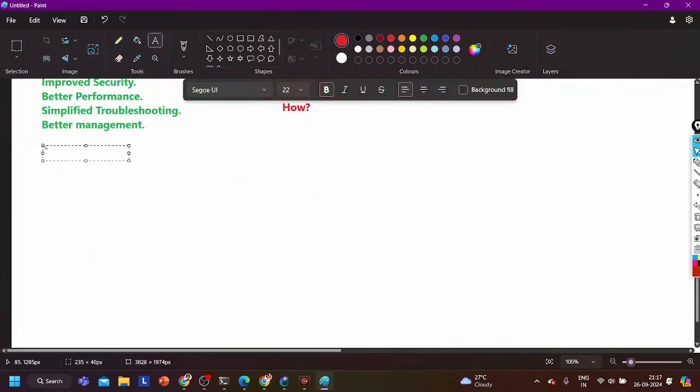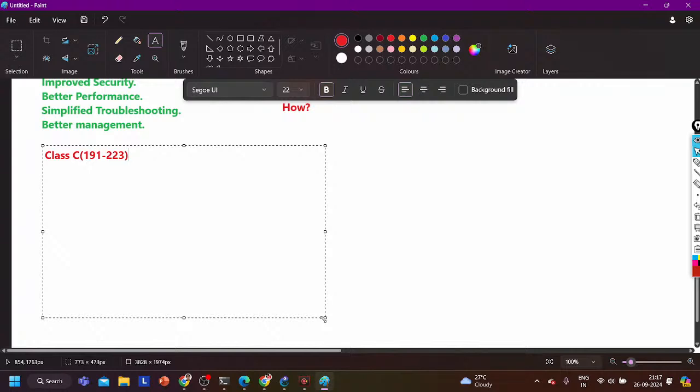First of all, by default, the range of class C is 192 to 223, and the subnet mask is 255.255.255.0, right? Means the number of network bits is 24 and the number of host bits is 8.